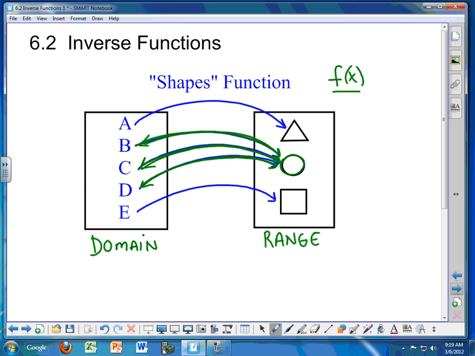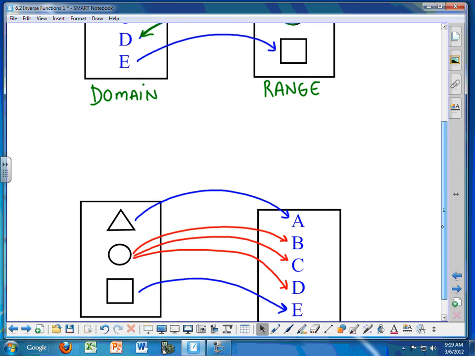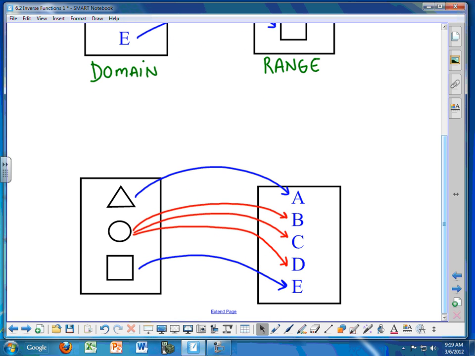Should it turn into B, C, or D? We don't know. And so in that case, this function is not considered to be one-to-one. In other words, it doesn't go both ways because the circle does not know which value to go back to, and so this one is not functional.